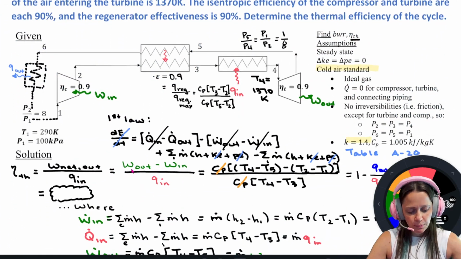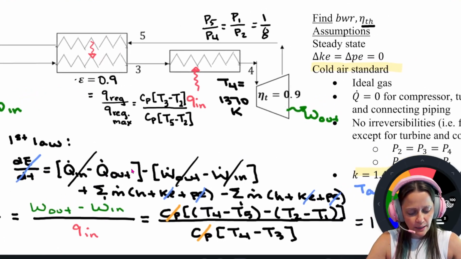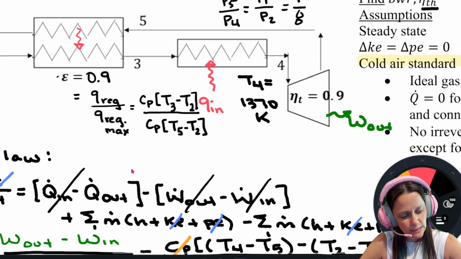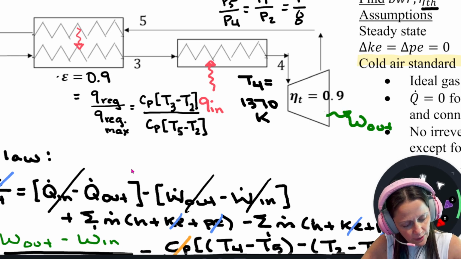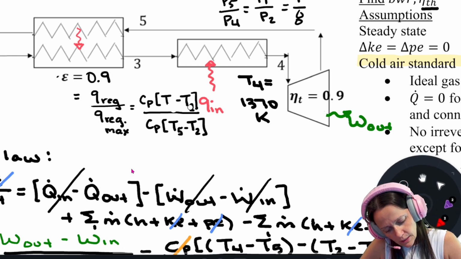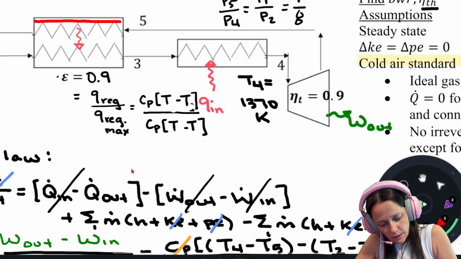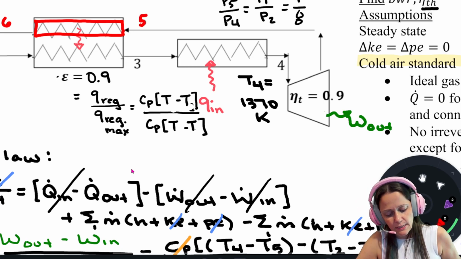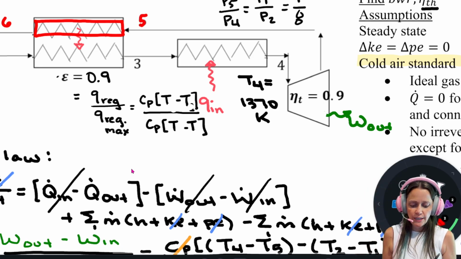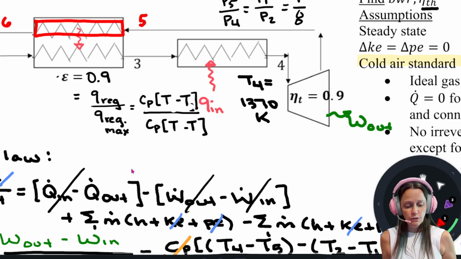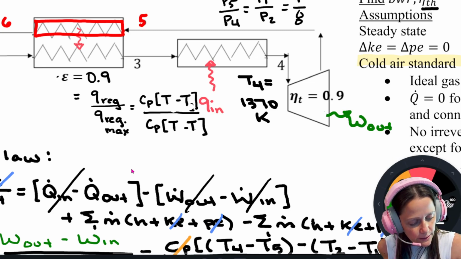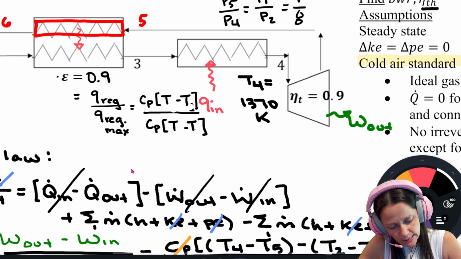So let's think about how we would do that. I really have two options for expressing that regenerator effectiveness. So let me erase that. If I draw my control volume around this little piece, so this is 5 and this is 6, the Q regen leaving that control volume would be T5 minus T6.